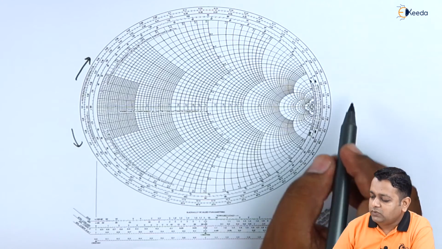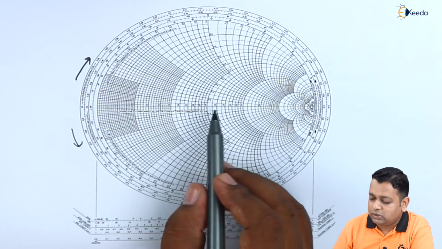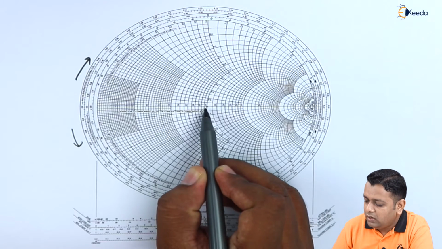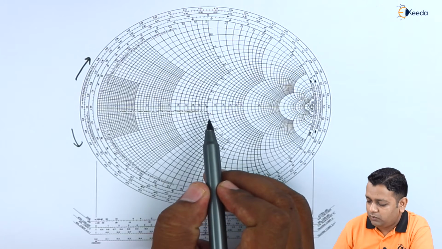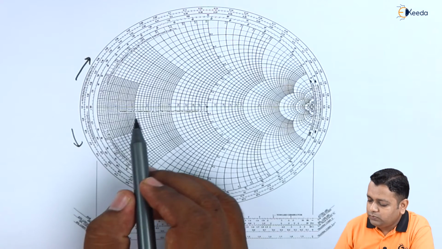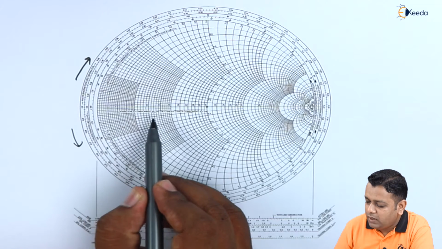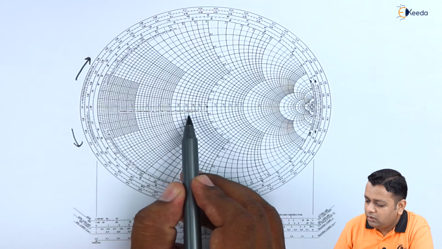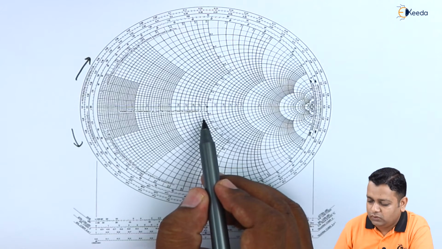As we see, for the circular type of this particular chart, this is the center, and for this center we have the marking 1.0 as stated before. In this Smith chart we have the resistance component given by R divided by Z0, or the conductance component given by G divided by Y0 here.